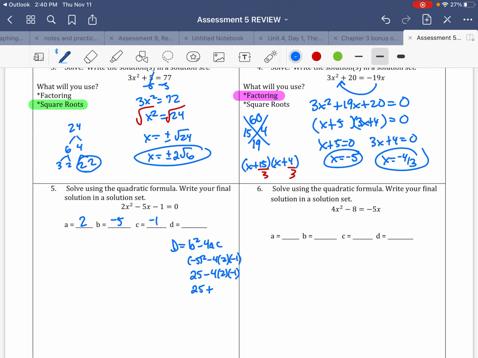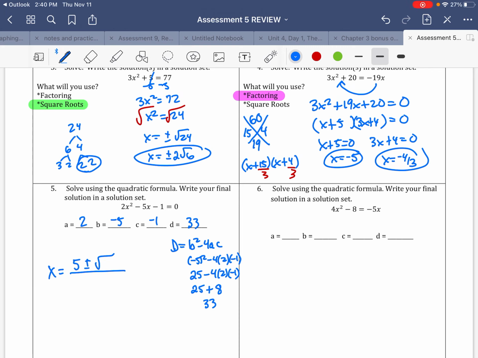So I get a 33 there. Okay, so now I'm ready for my quadratic formula. So x equals big fraction, opposite of b, so that would be a positive 5 plus or minus the square root. Well, the nice thing is I have a 33 for my discriminant. And the bottom, I do 2 times a, so 2 times 2 is 4. And I am finished because radical 33 does not reduce, so we're done.